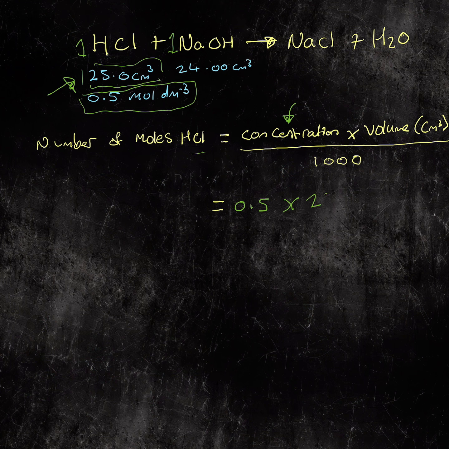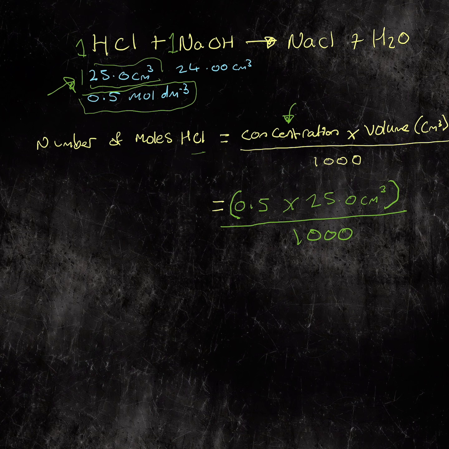So that's 25.0 cm cubed. And that's all going to be divided by 1000. Put some brackets around it because that's the correct thing to do. We always calculate anything inside the brackets first, so it just makes it easier to follow, really.